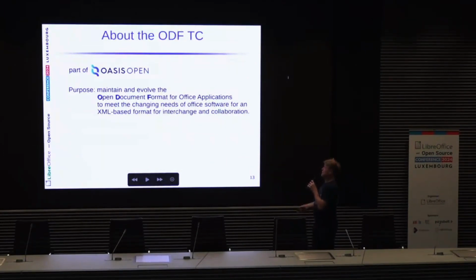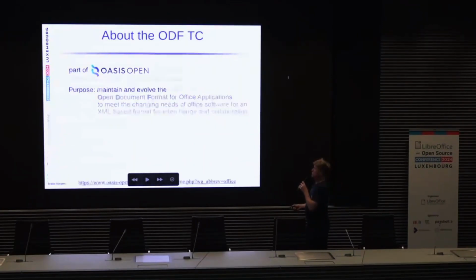We do other things as well. We have subcommittees like accessibility. We also standardized the formula that are being used by Microsoft as well, and we meet every week, Monday evening, and it's quite interesting.